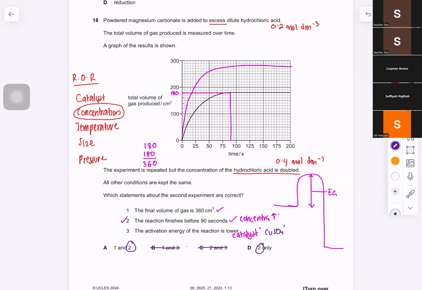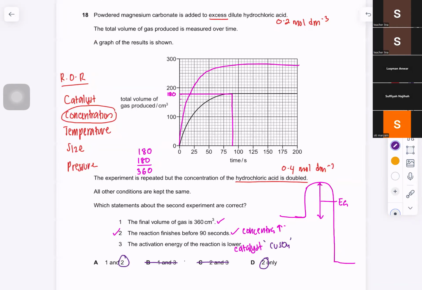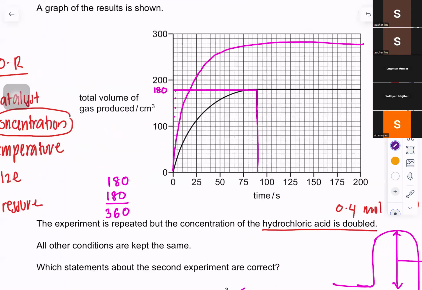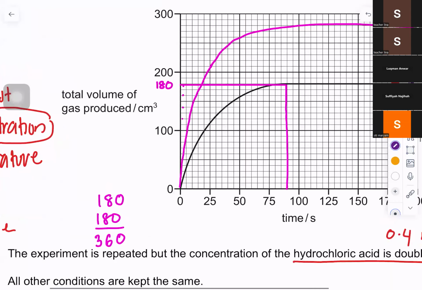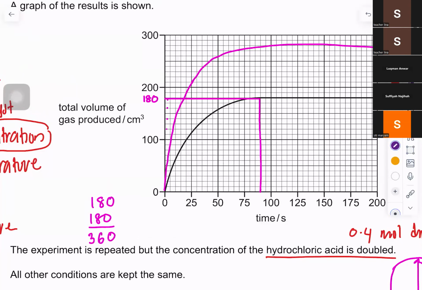The final volume of the gas is 360. The experiment is repeated, but the concentration of the hydrochloric acid is doubled. So we check this one, the total gas volume produced is 180.